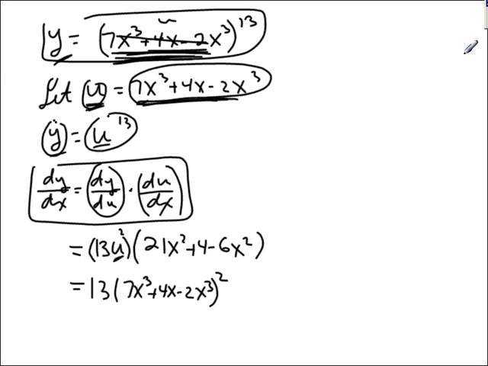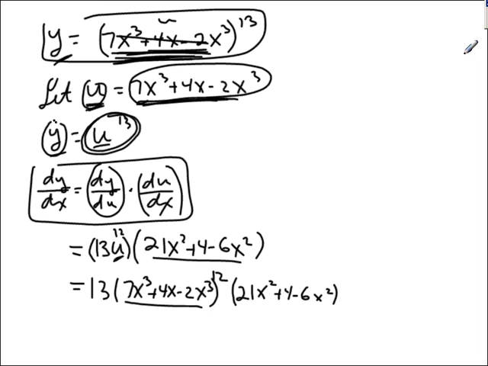Okay, sorry about that. The derivative of u to the 13th is 13u to the 12th. So instead of u, I wrote that to the 12th power times this mess. And so there's the answer.